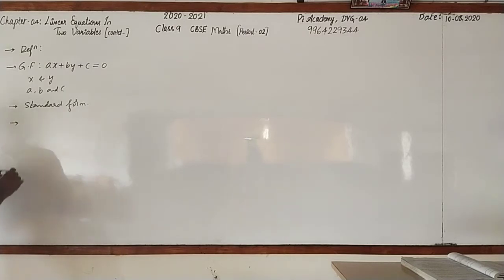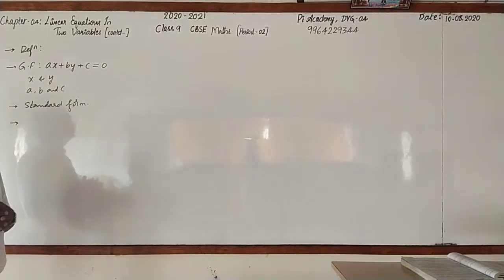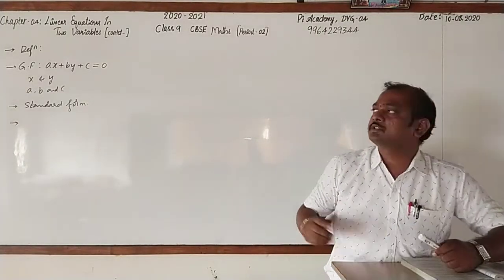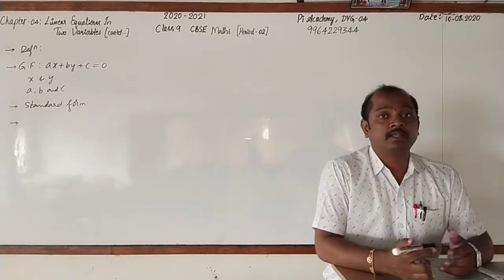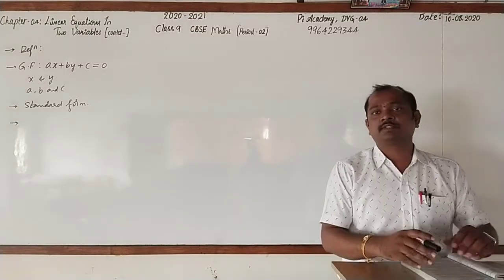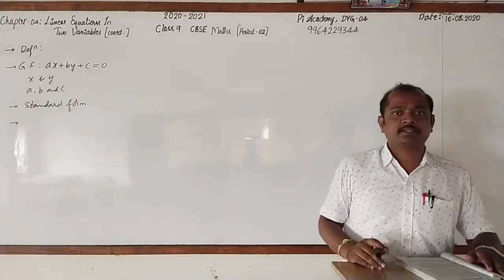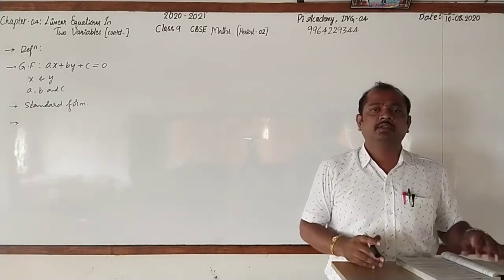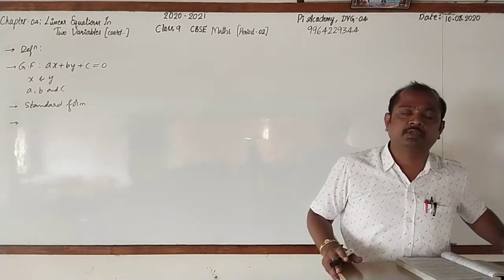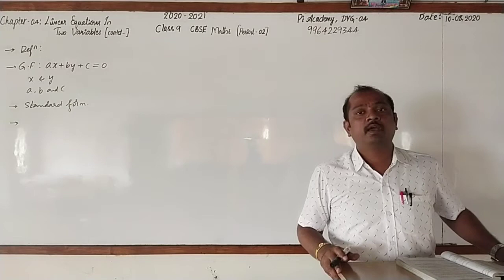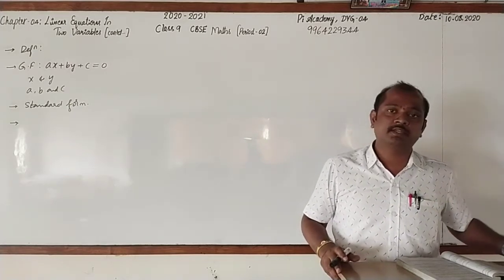Then we learned how to find the solution for a linear equation in two variables. Could you tell how many solutions it has? It has infinitely many solutions. If you give a value for x, then you will get the value of y. Any number of values can be found. Hence we say that linear equations in two variables have infinitely many solutions.